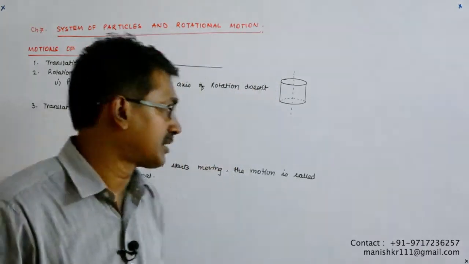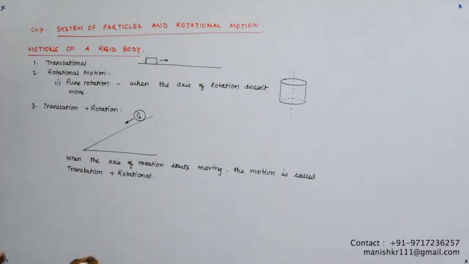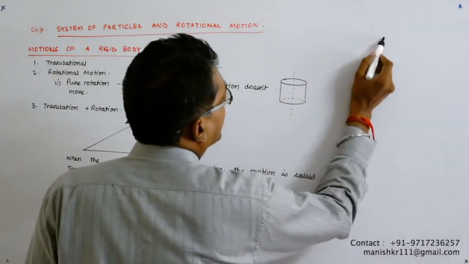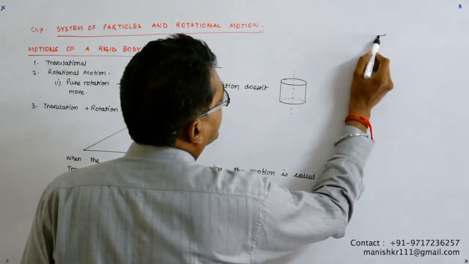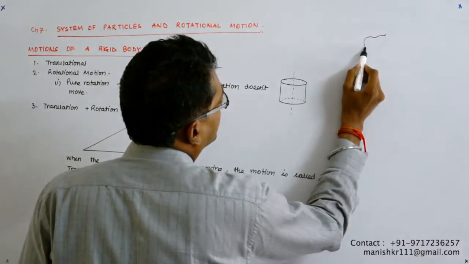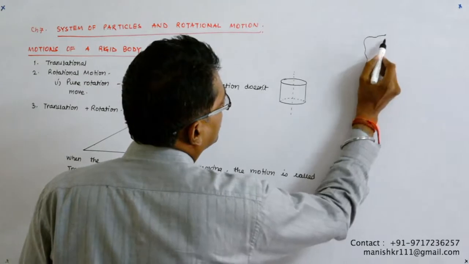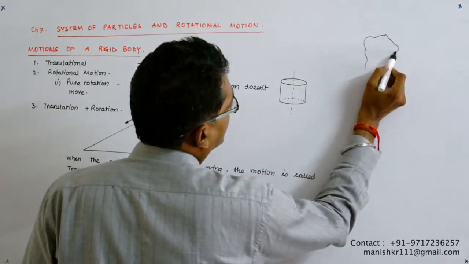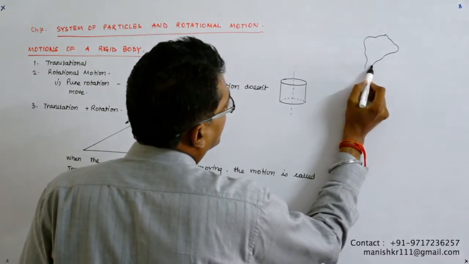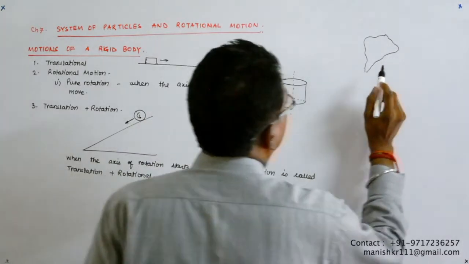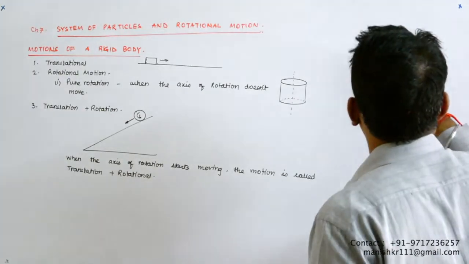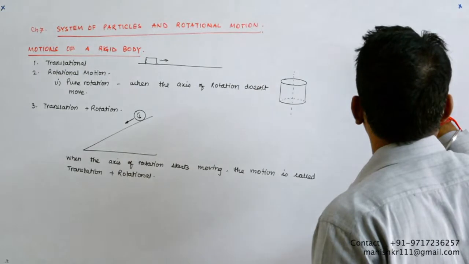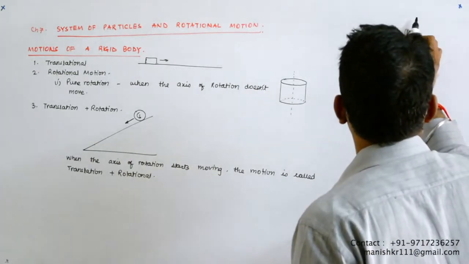Now that looks something that is kind of strange, but it is not. You have seen such motions. So say we have a top. I don't know if it is symmetrical.